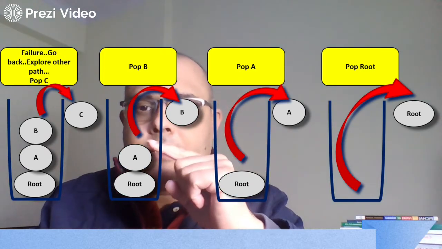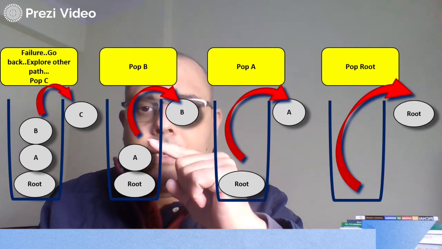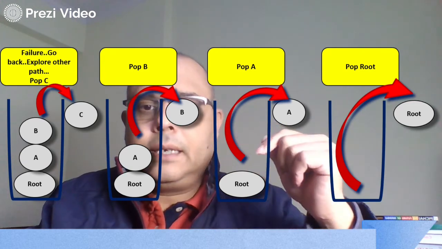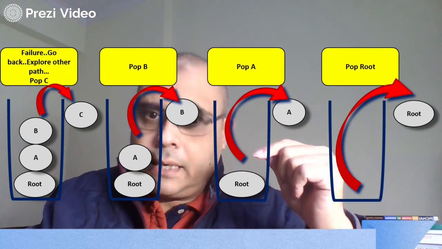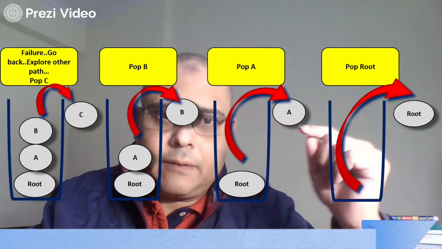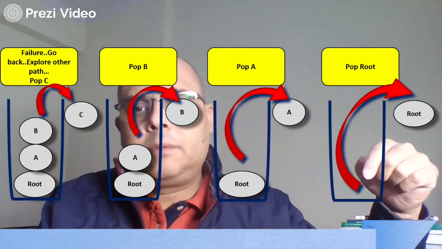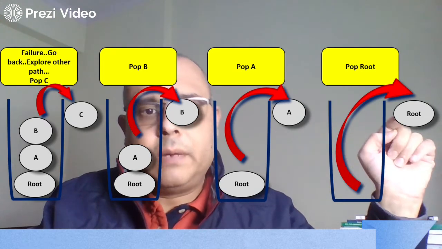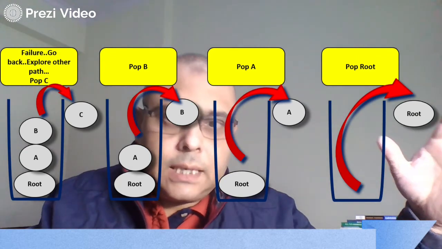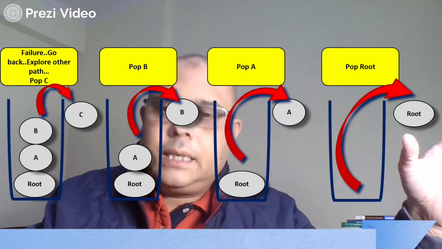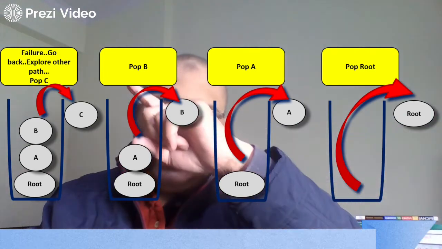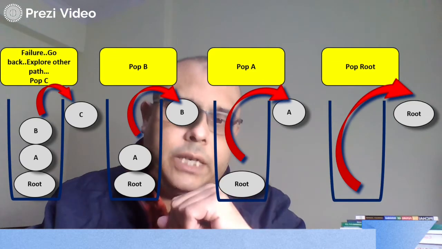Then the address of node B is popped and the program goes back to B node. Then the address of node A is popped, and the program will go back to node A. And finally the address of the root node is popped and the program will go back to the root node. That means the root node, which was the initial state, and from this initial state the program can again follow the next path which was available, the path of D.